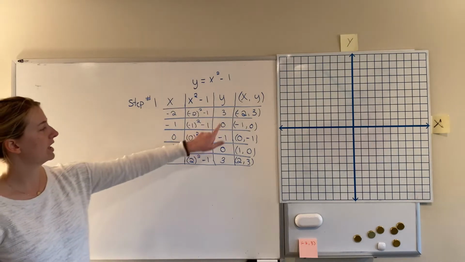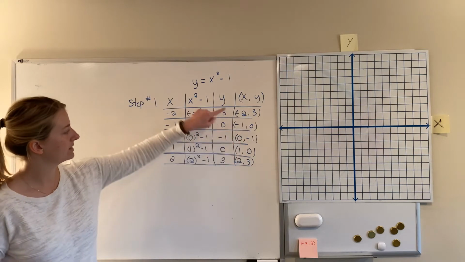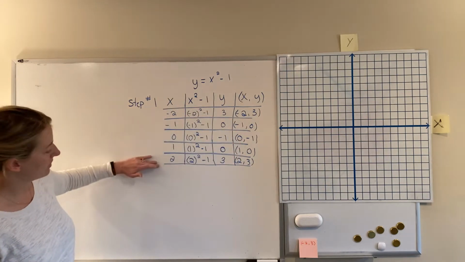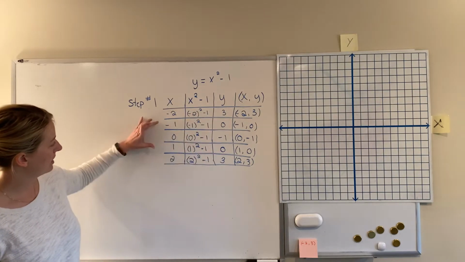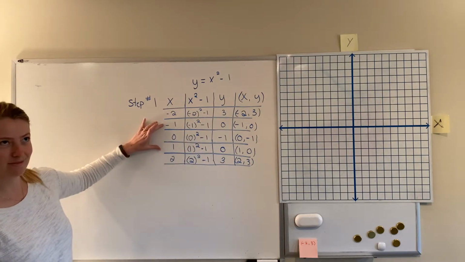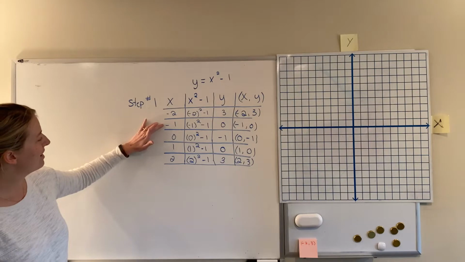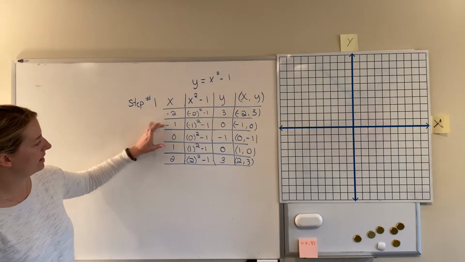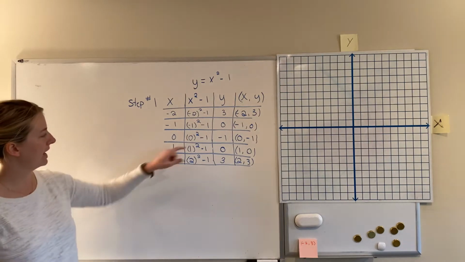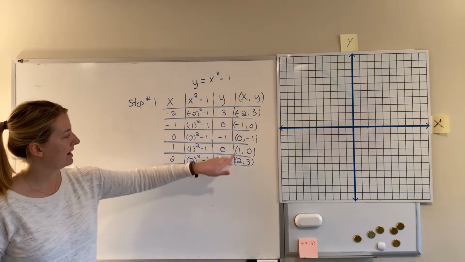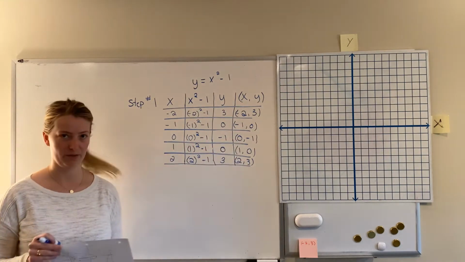And look at the order of our points. Our first and our last are both our positive and our negative 2. And we get 3 and 3. Our second and our second to last are negative 1 and 1. And we get 0 and 0. They're mirrors of each other. And then our middle point, we ended up with just 0, negative 1.